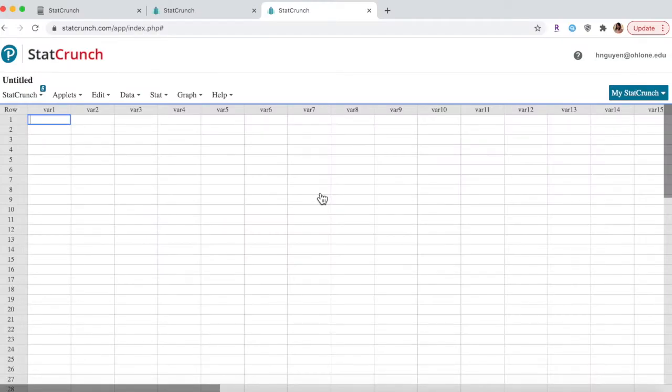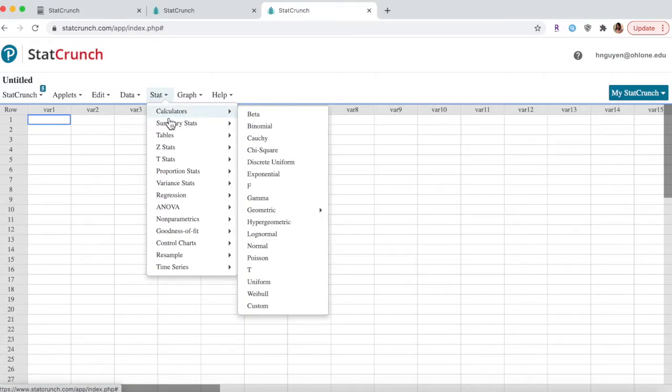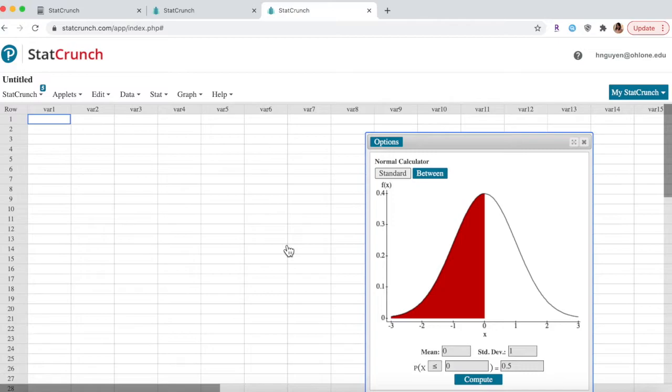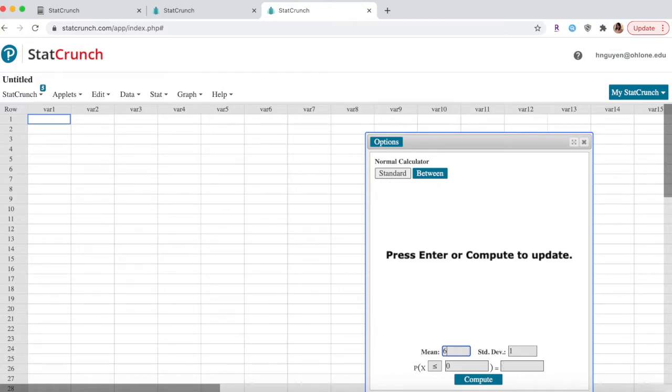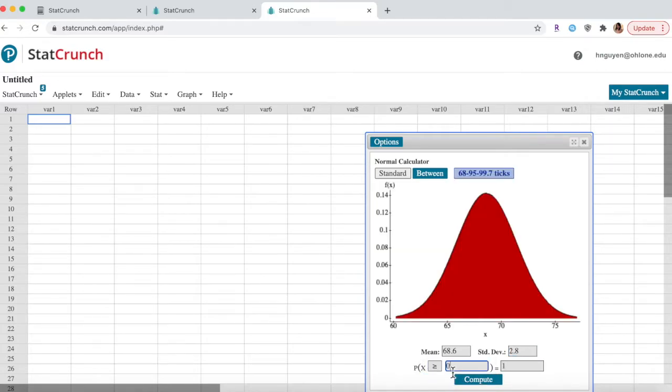To use StatCrunch for normal distribution, we are going to click on Stat, Calculators, and choose Normal. In this problem, my mean is no longer 0. It's 68.6, and my standard deviation is 2.8. I want to change this inequality to greater than, and this number is 72.